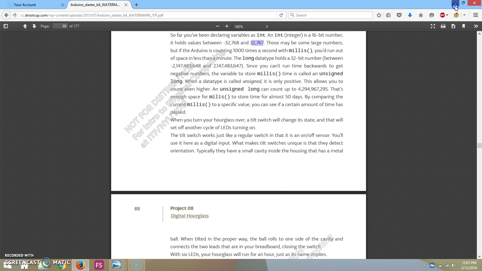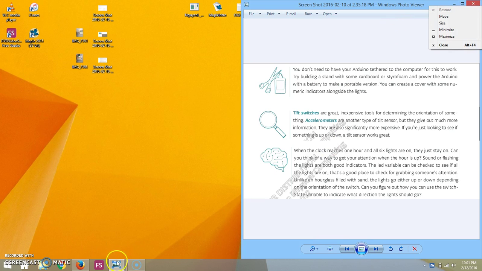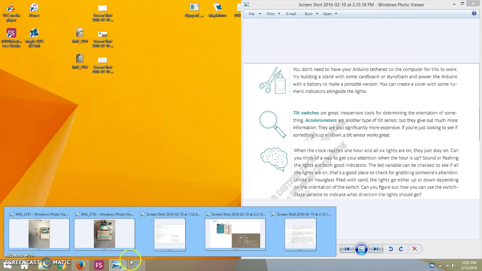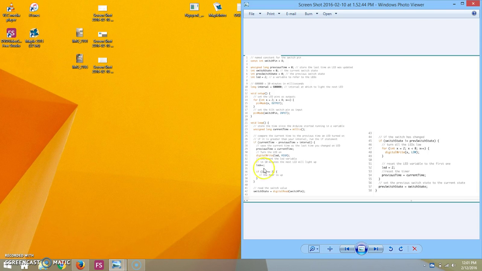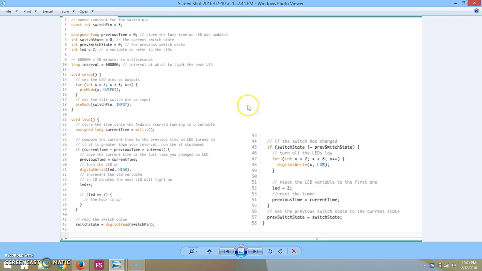So when we go into our actual code, at the beginning we're going to have to describe our variables: switch pin, previous time, switch state, and previous switch state. These two are going to be compared at the beginning to know when the tilt switch and the LEDs need to turn on.